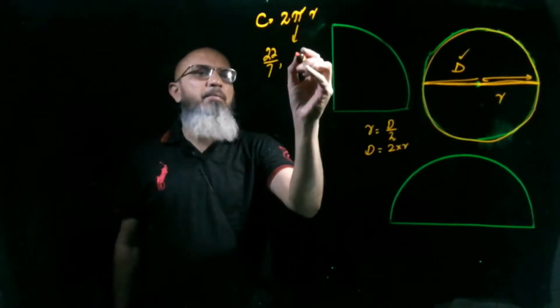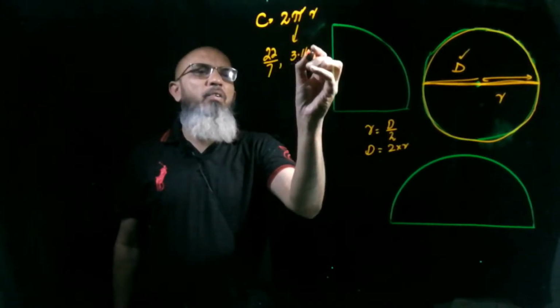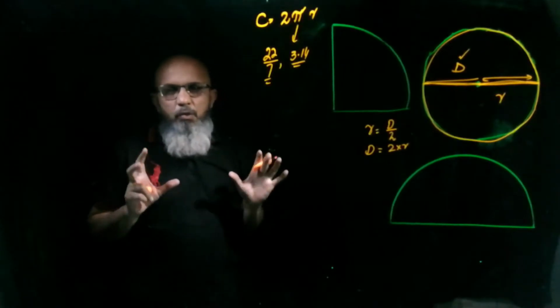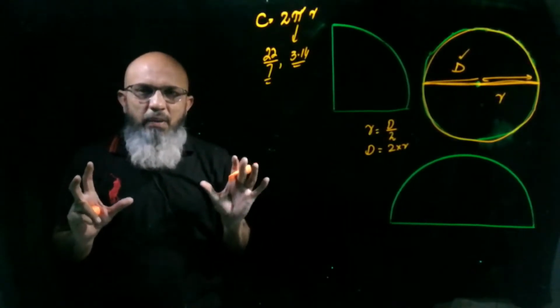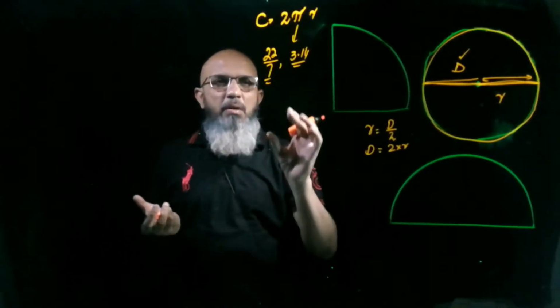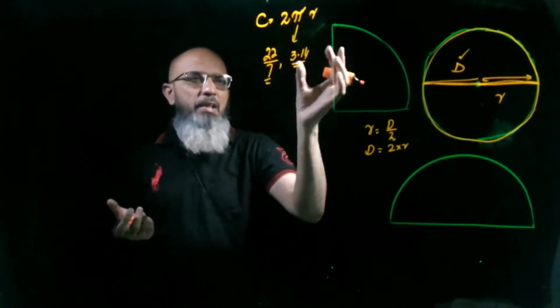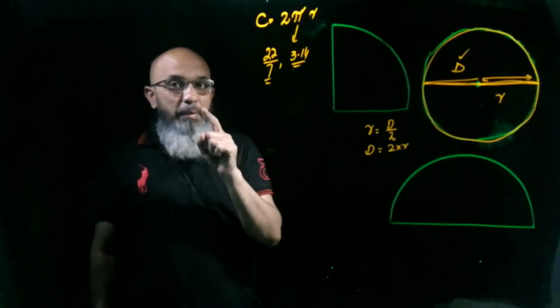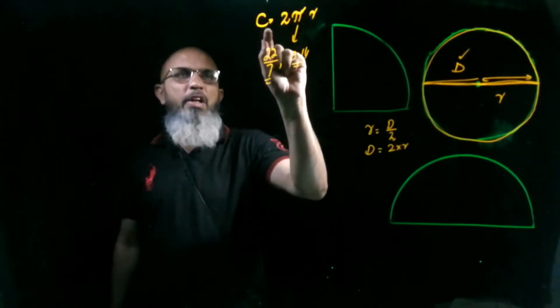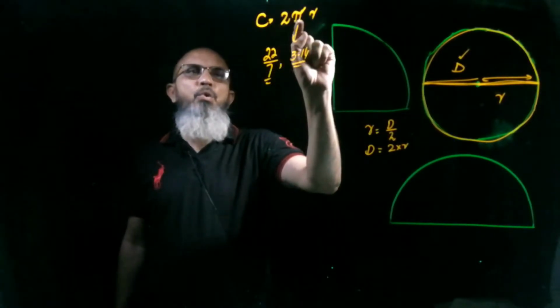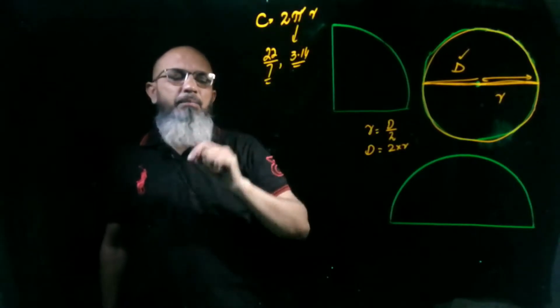The value of pi is 22/7, or in decimals 3.14. We will use 22/7 or 3.14 according to the given condition. According to our wish, we can use either, and r is the radius. If the radius is given to you and you are going to find the circumference, then it is 2 pi r, right?